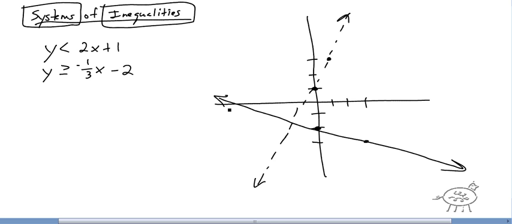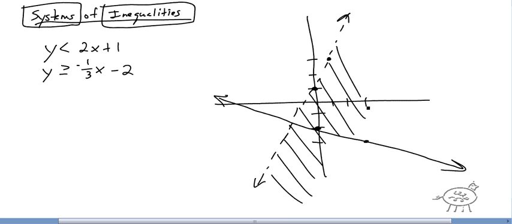Okay, so now this is the deal. We need to shade each one of these just like we did before. So remember, when it's less than, so let's look at the first one here. If it's less than, we're going to shade below. Our first equation was this dotted line, so we're going to shade below that line. The next one is y is greater than or equal to negative 1/3 x minus 2.